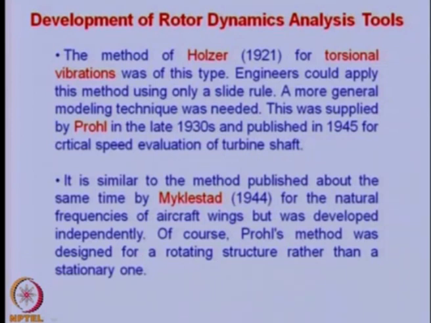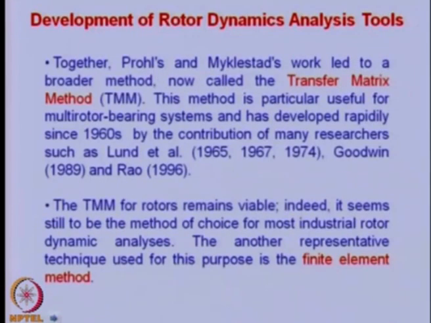Of course, Prohl's method was designed for a rotating structure rather than a stationary one. Together, Prohl's and Myklestad's work led to a broader method now called the transfer matrix method, or TMM.